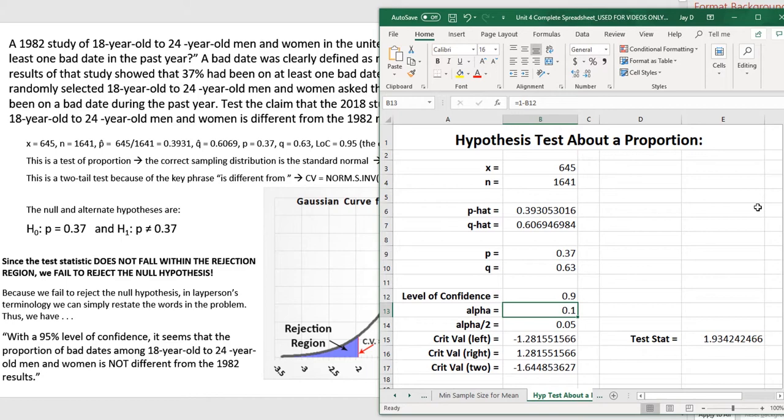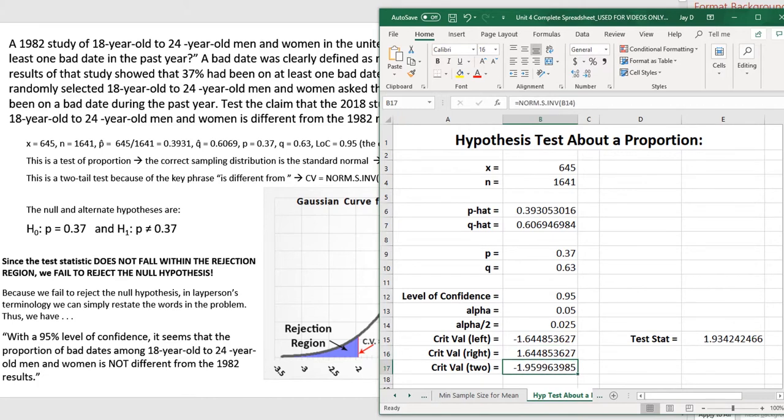My level of confidence for this one, remember, there was none shown, so that's 0.95. My alpha is 0.05. Alpha over 2 is 0.025. Well, critical value left tail doesn't matter. Right tail doesn't matter. This is a two-tail test.